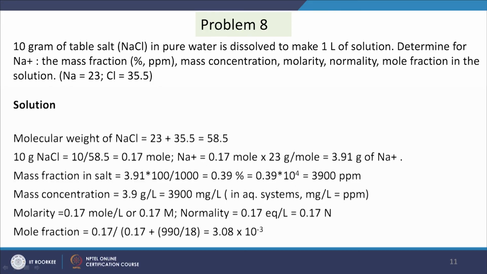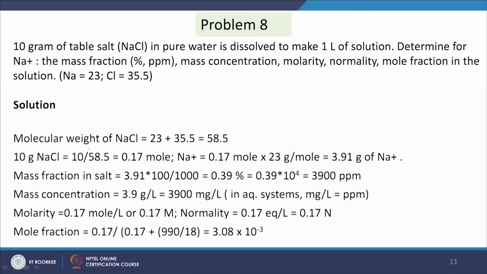Now, problem number 8. The statement is, 10 gram of table salt, that is NaCl, in pure water is dissolved to make 1 liter of solution. Determine for Na plus the mass fraction, percentage, ppm, mass concentration, molarity, normality, mole fractions in the solution.